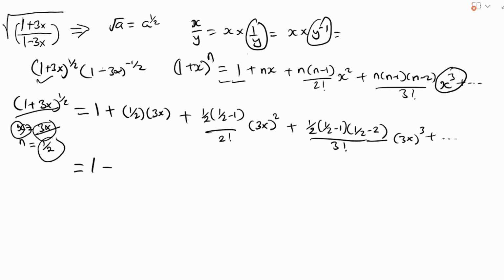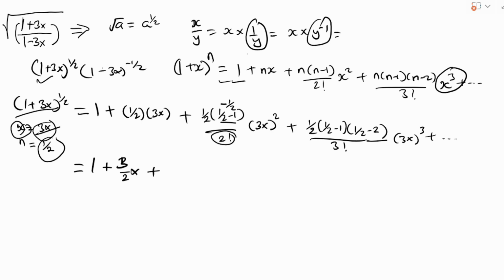This equals 1, add to a half times 3x, that will give us 3 over 2 x, and then add to it, if we simplify here, you know that a half minus 1 is the same as negative a half, multiplied by a half is negative a quarter, divided by factorial 2.